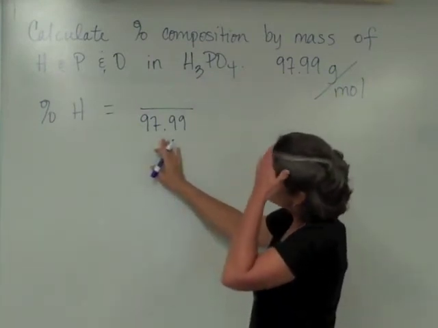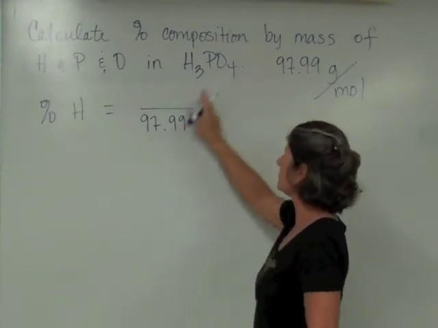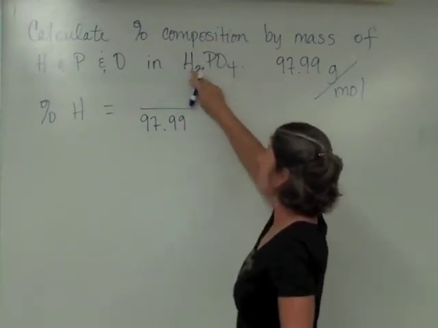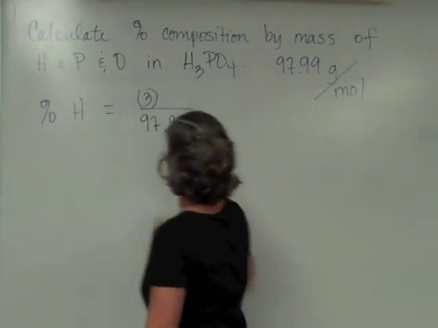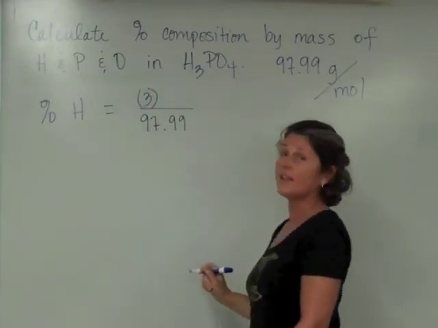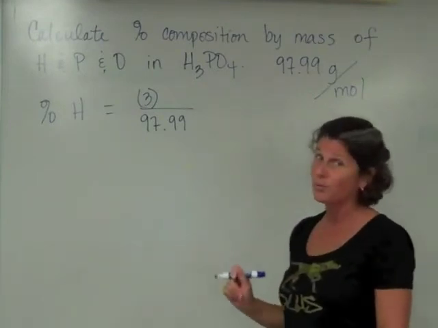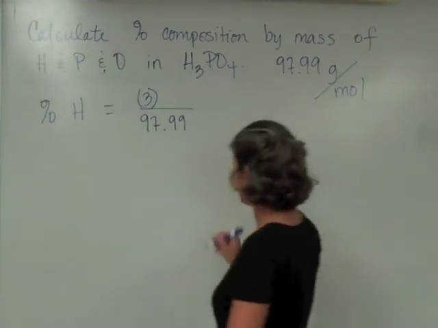Let's look at this compound. We've got 3 hydrogens, and they weigh in at 1.01 grams per mole.